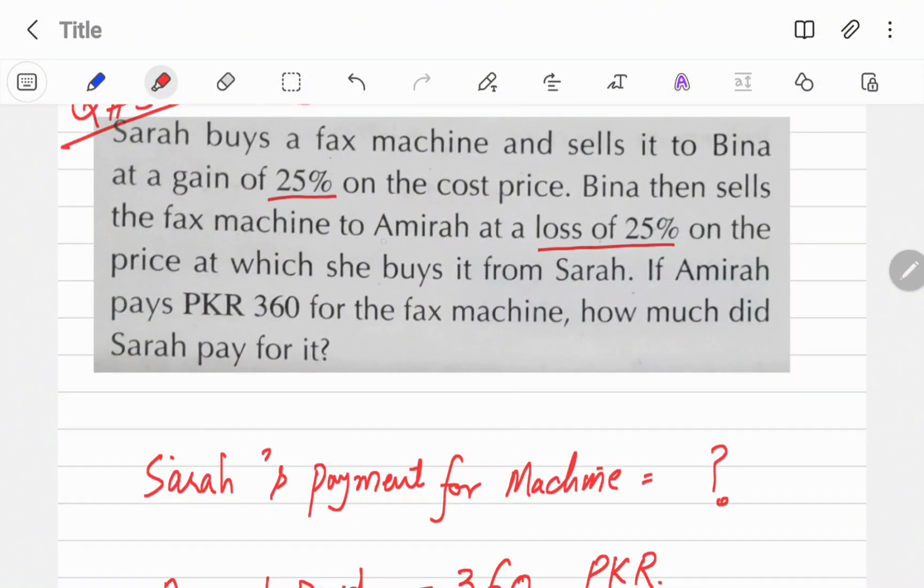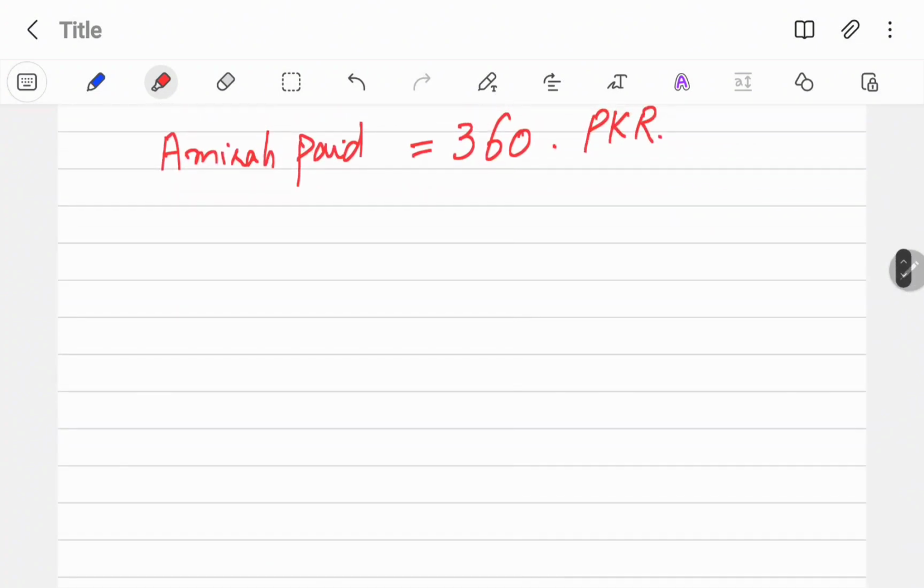Bina then sells the fax machine to Amira at the loss of 25%. Loss of Bina, that is 25%.